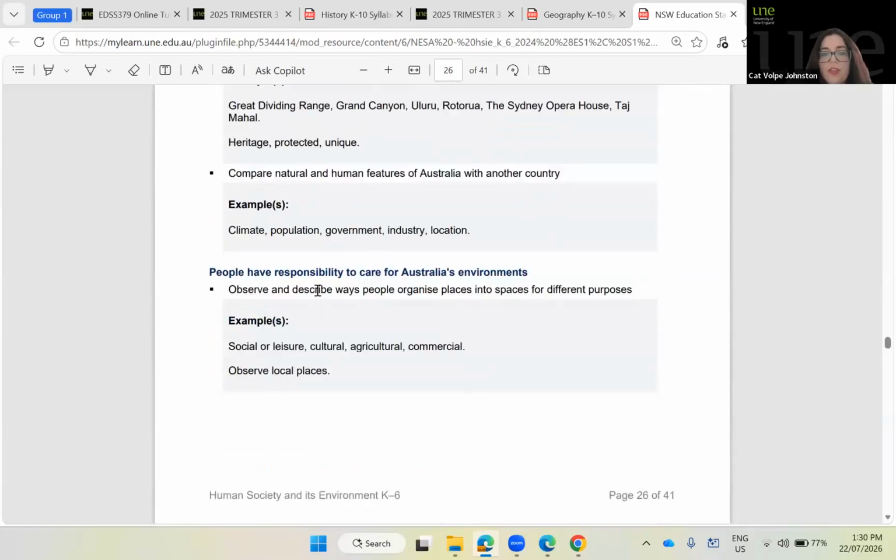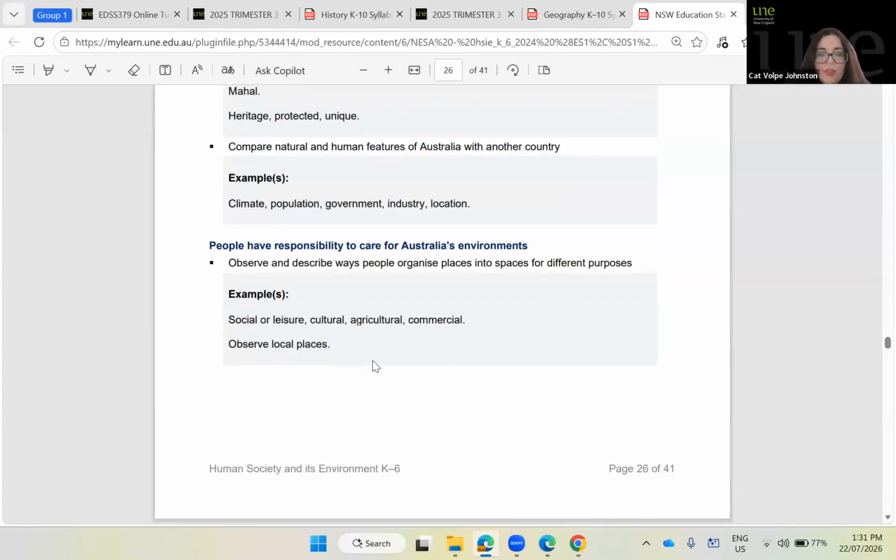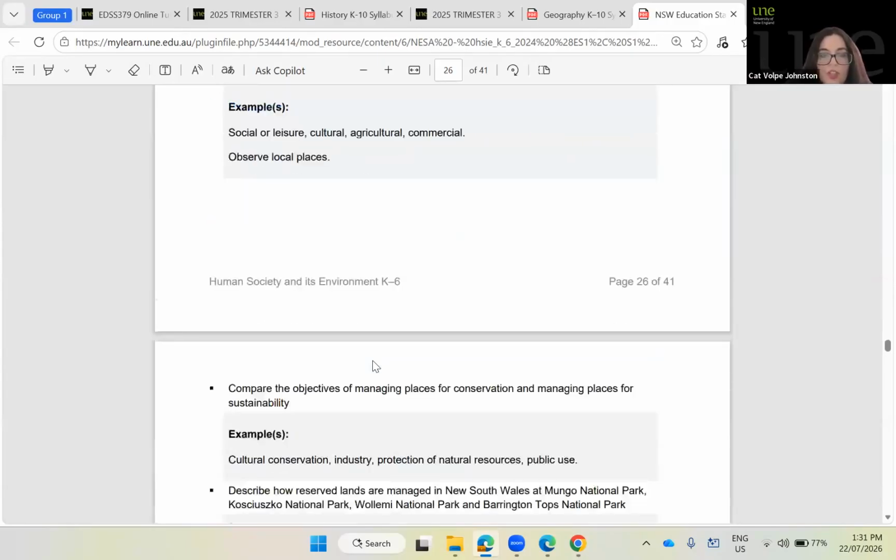People have responsibility to care for Australia's environments. So observing and describing the way people organize places into spaces for different purposes. When you observe something, you're gathering some sort of data because then you have to describe it. So you're looking at something, some sort of source, and being able to describe that information. That's all still happening.